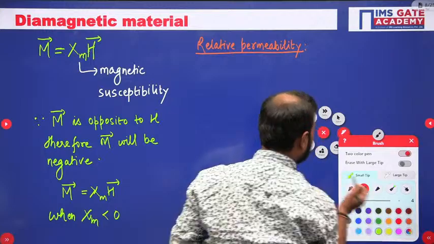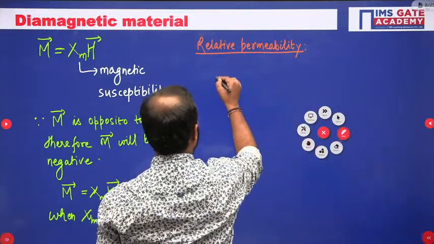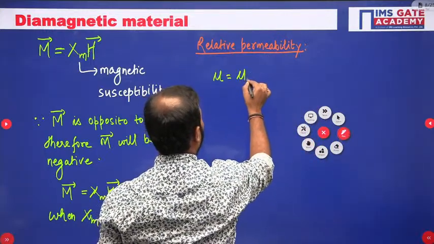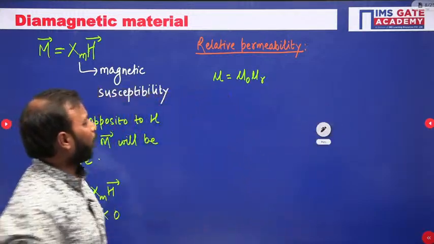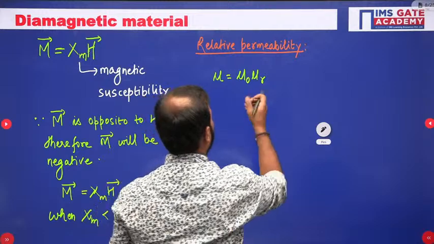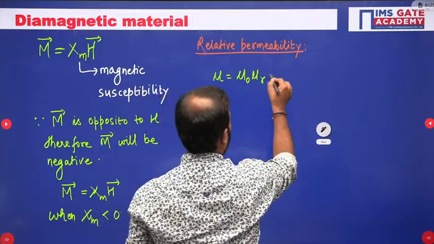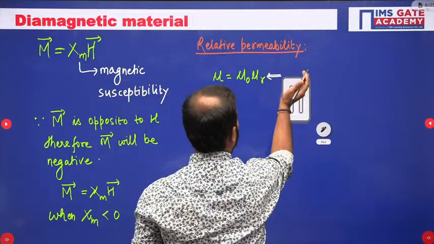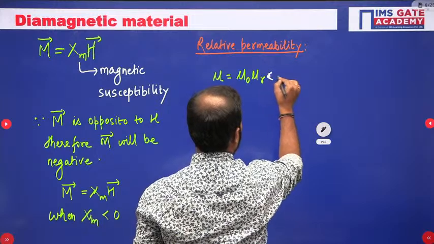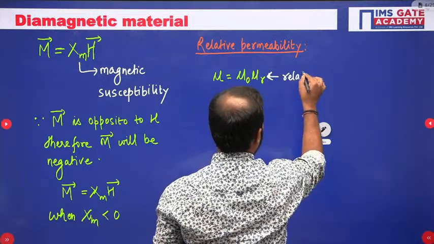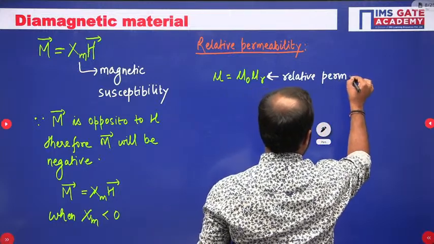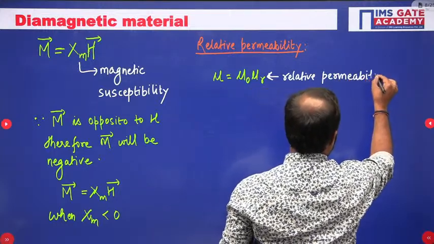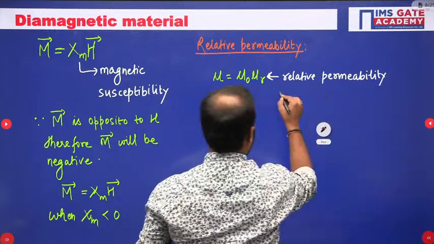Done. Now this is represented as mu, which is nothing but mu naught and mu r. Let me change the color. This mu r is the relative permeability of a material.